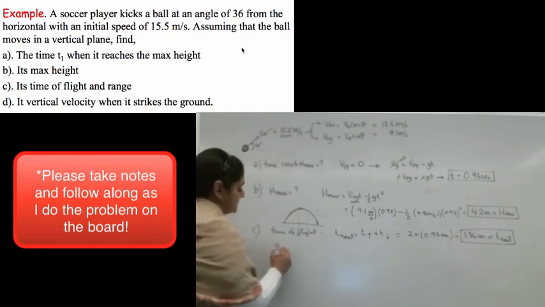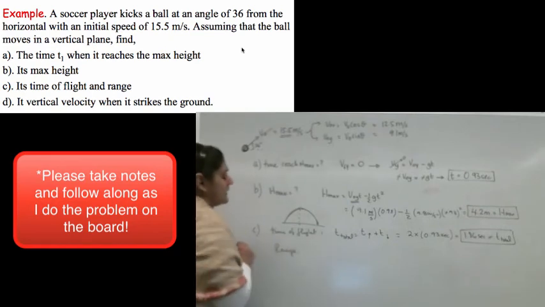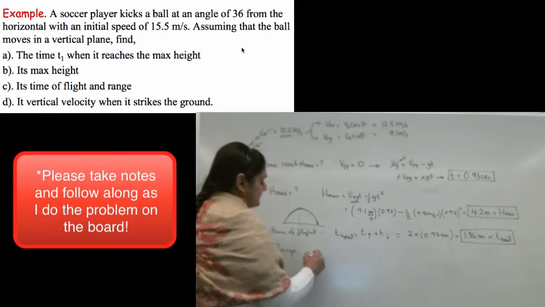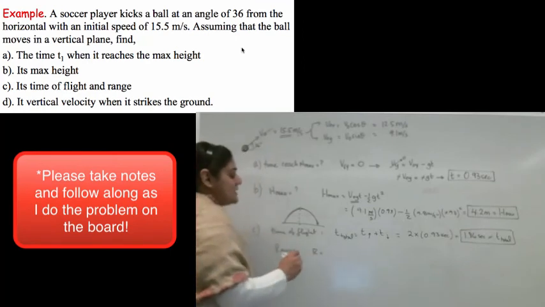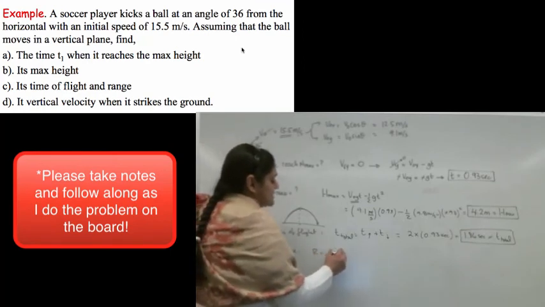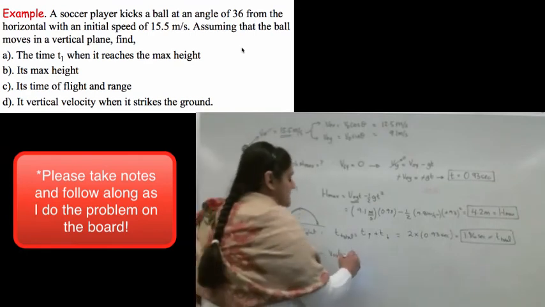Now for its range. Its range is going to be r, which I can also find by v0x t, which is an expression that I know.